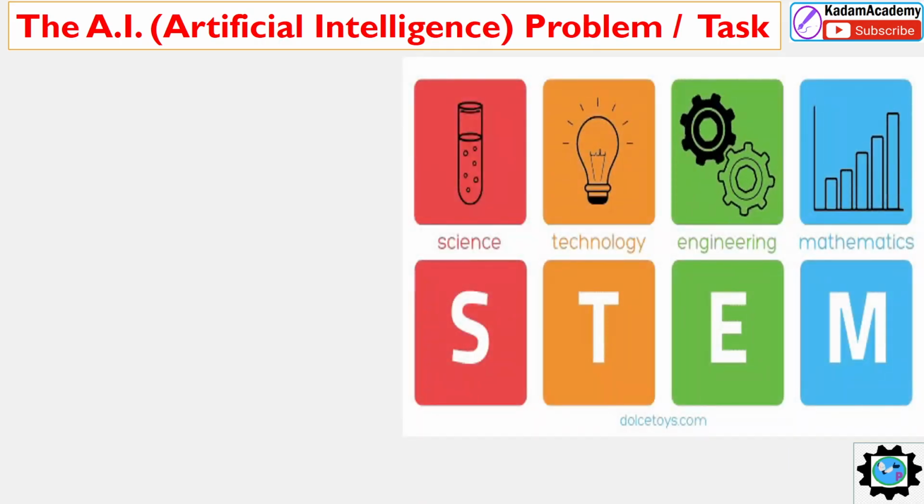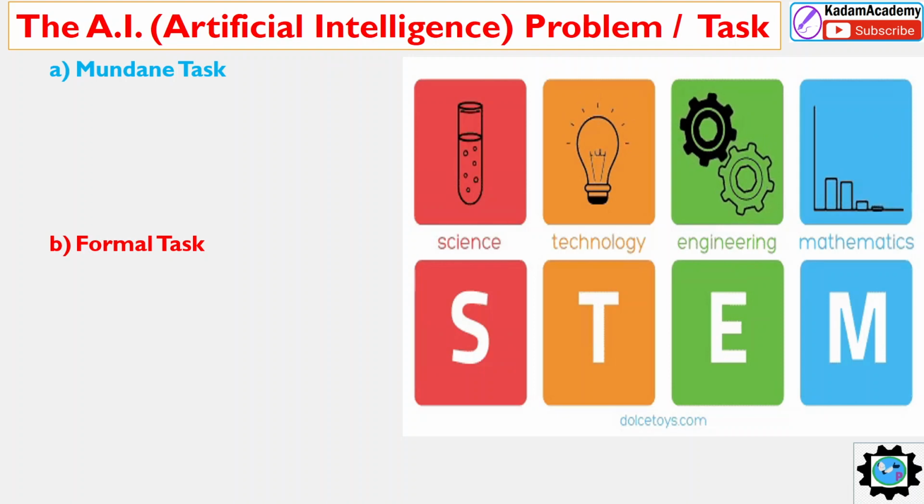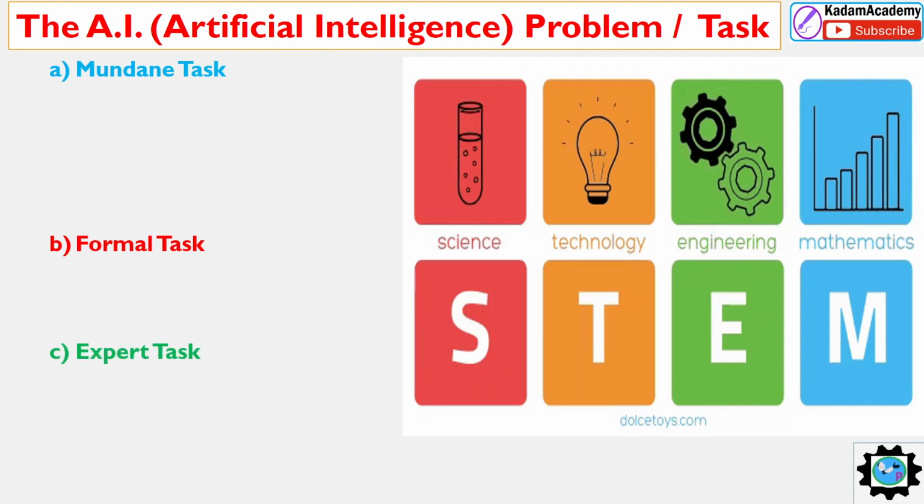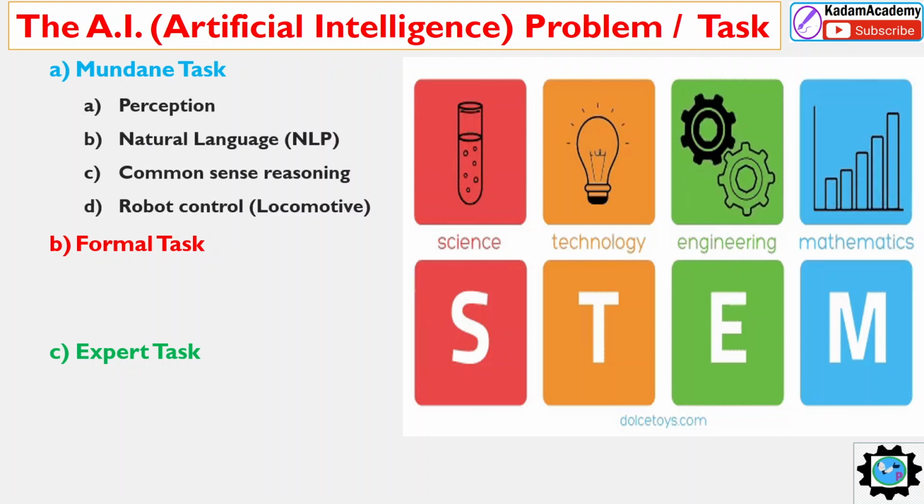Friends, the artificial intelligence problem or task. There are different tasks, three major tasks. I will give you the names: mundane task, formal task, and expert task. Under mundane, it is again categorized into perception, natural language (NLP), common sense reasoning, and robot control, that is locomotive.